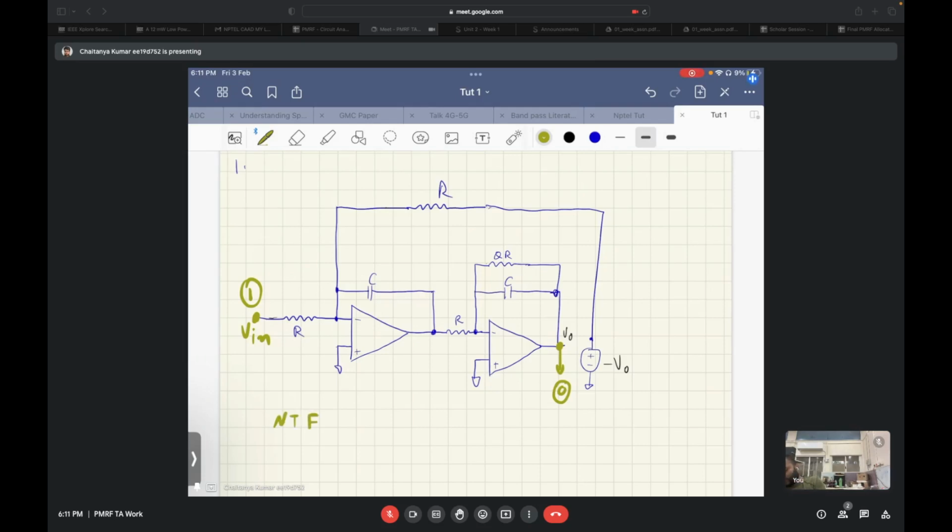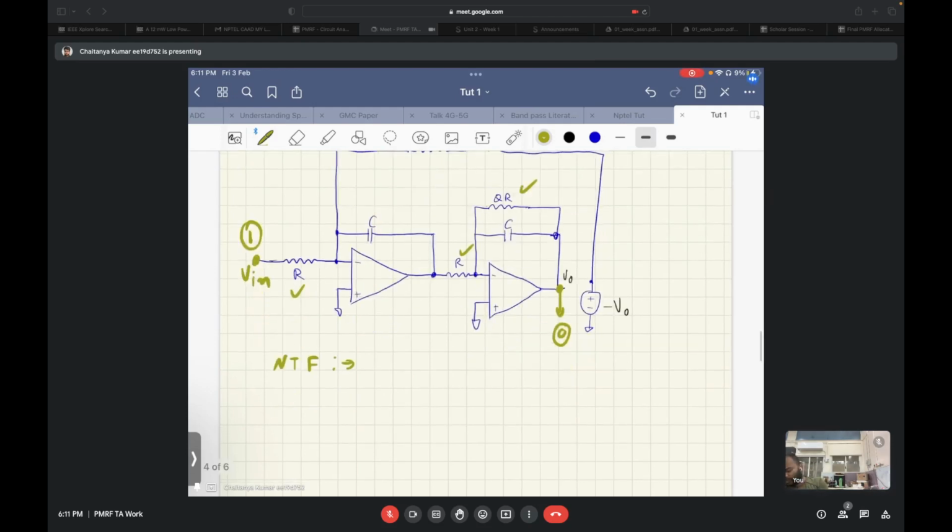What we'll do is analyze the noise transfer functions from each of these resistors to the output. First of all, we will see whether the reciprocity works on this or not.